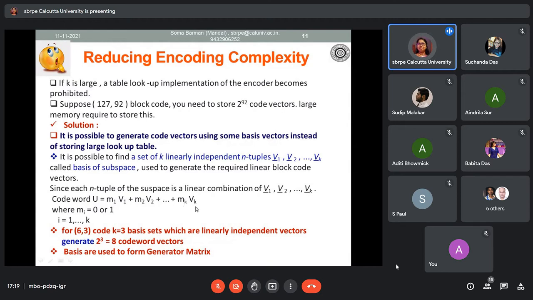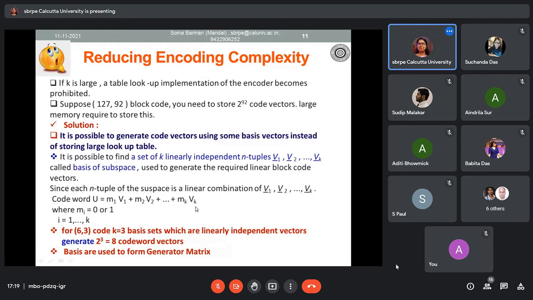So what does it mean? It is saying that if I consider three message bits, each packet contains three message digits.